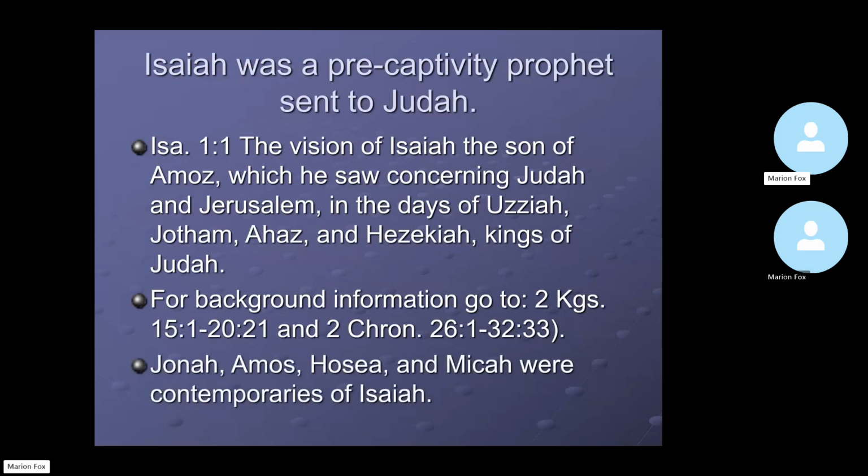Jonah, Amos, Hosea, and Micah were contemporaries of Isaiah. So when you're studying these books, and of course these four are what are called minor prophets, but they were prophesying, you need to read 2 Kings 15:1 through 20:21, and 2 Chronicles 26:1 through 32:33.